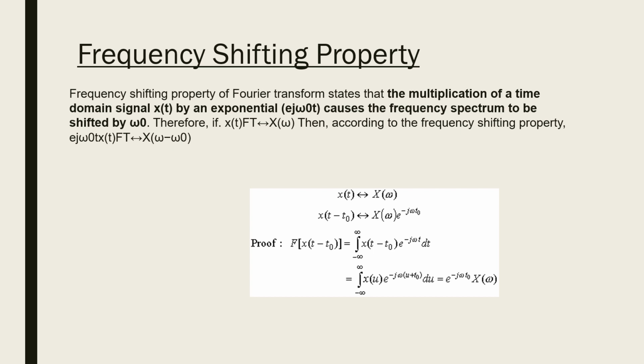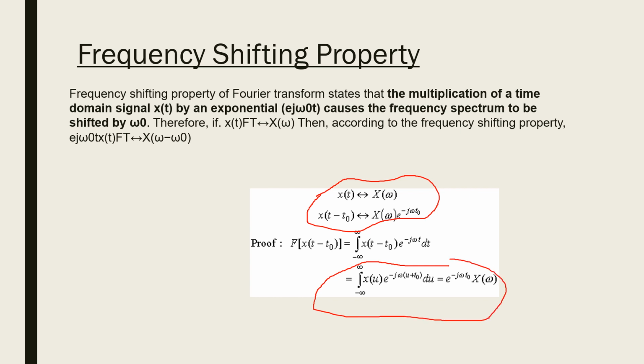Therefore, if x of t upon Fourier transform gives x of omega, then according to the frequency shifting property, e power j omega naught t x of t upon the Fourier transform, we get x of omega minus omega naught. By performing Fourier transform on these two equations, we get the desired frequency shifting property.